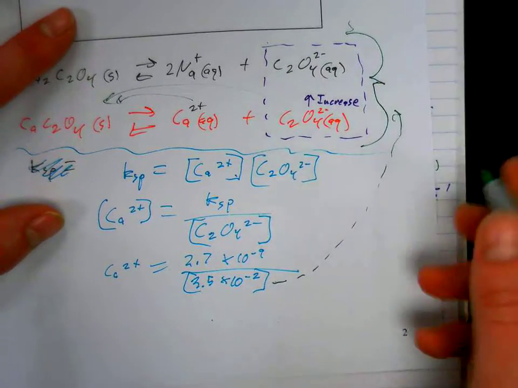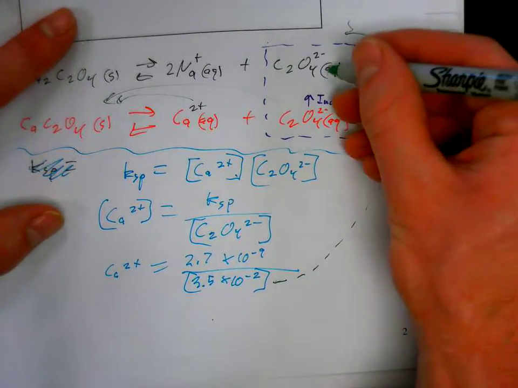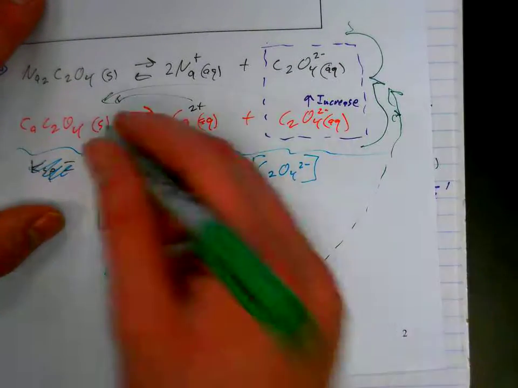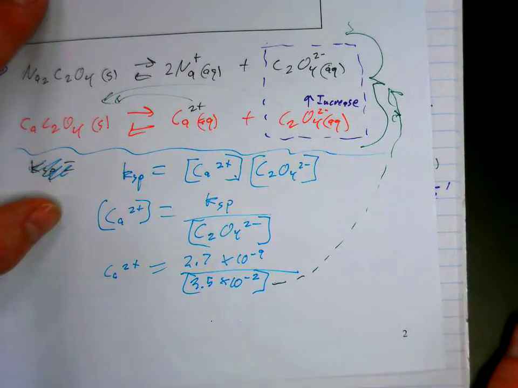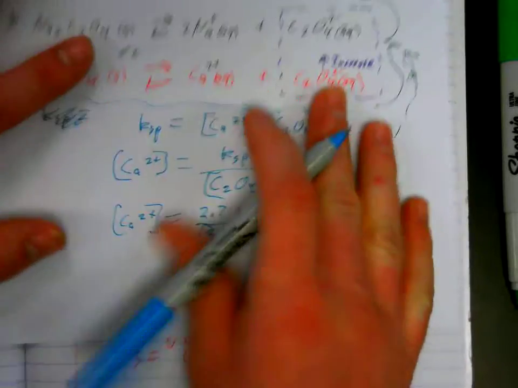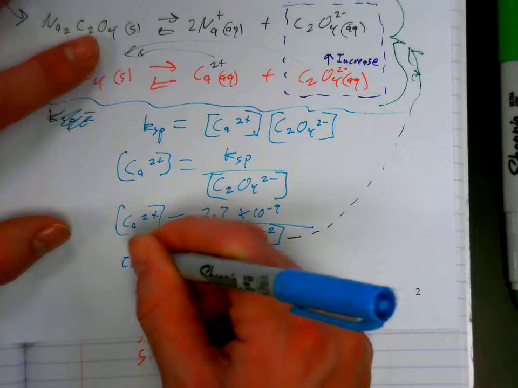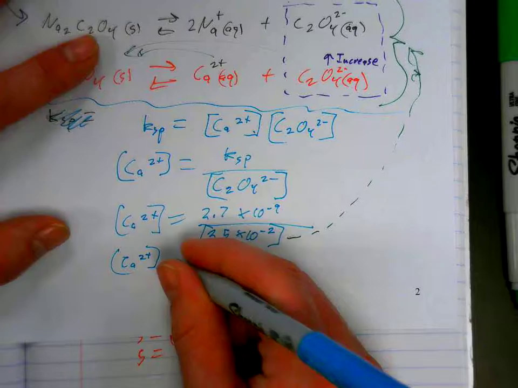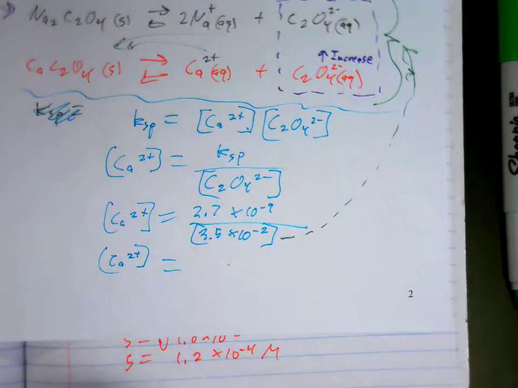So that makes our job quite a bit easier here. All right, so just a matter of simple algebra. Just need to divide those terms, and that would be it.